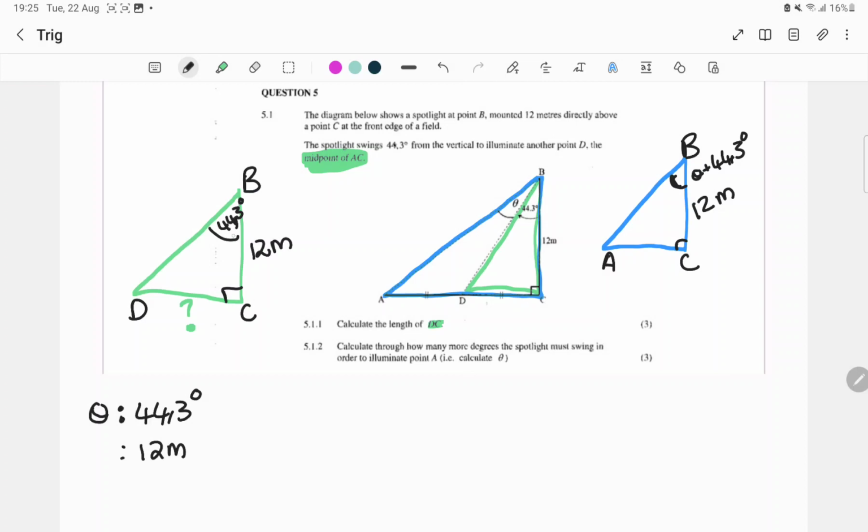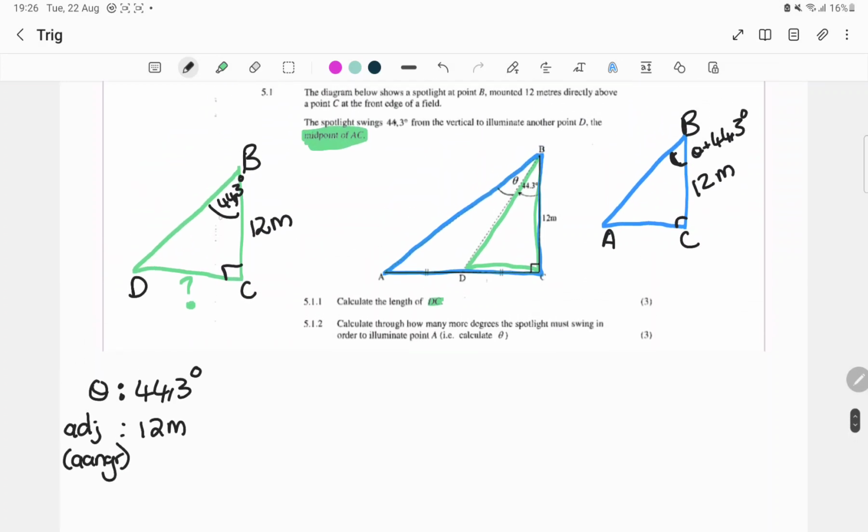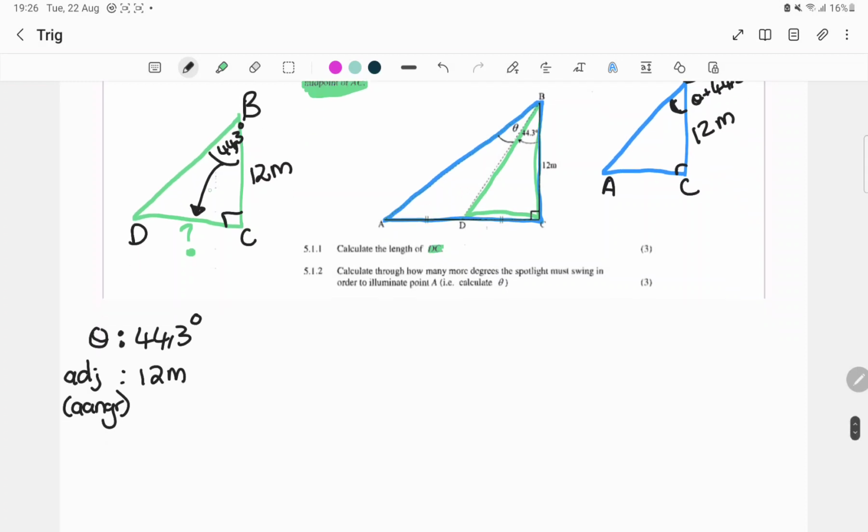And now using my angle, I can see it is touching my angle, so it is my adjacent side. For Afrikaans learners listening, it is my aangrensende side. And then the side I want is opposite my angle. Okay, dit is teenoor my hoek. So DC will be my opposite side, or in Afrikaans my teenoorstaande sy.